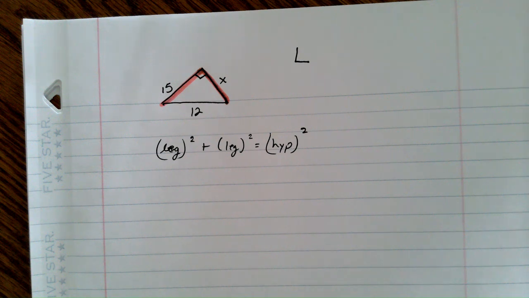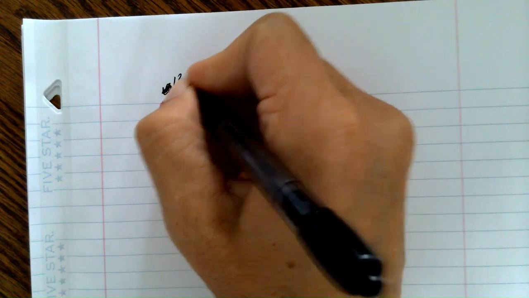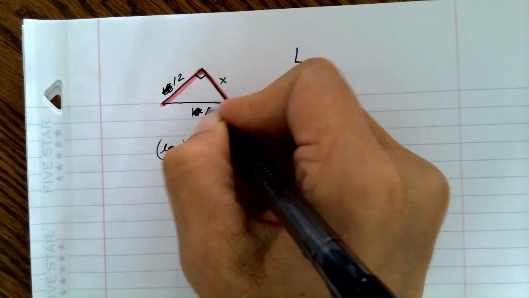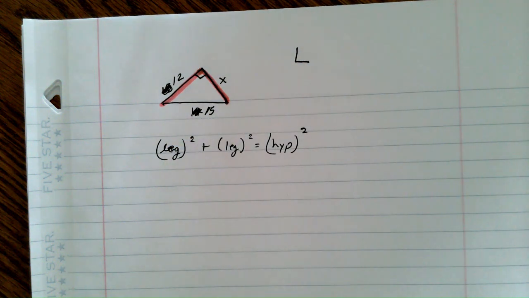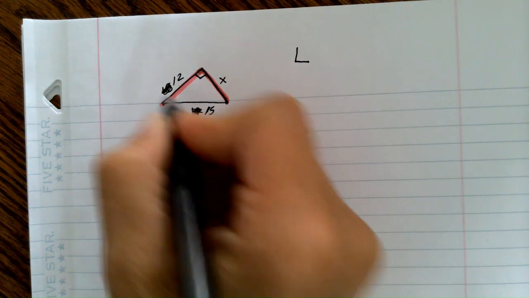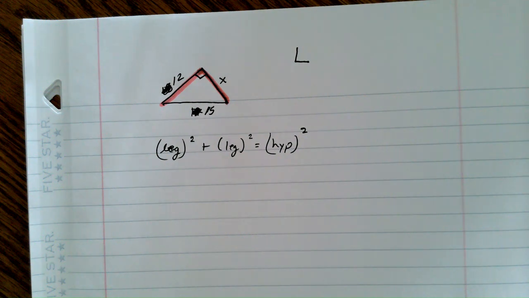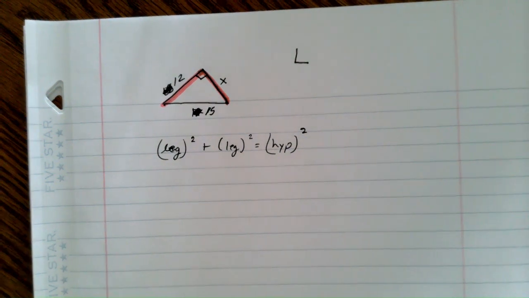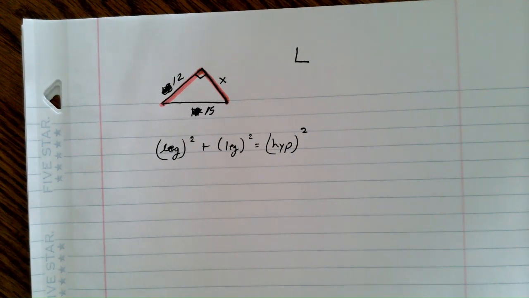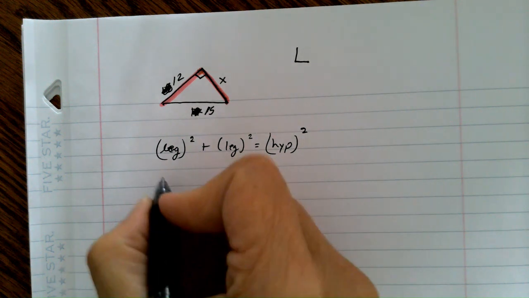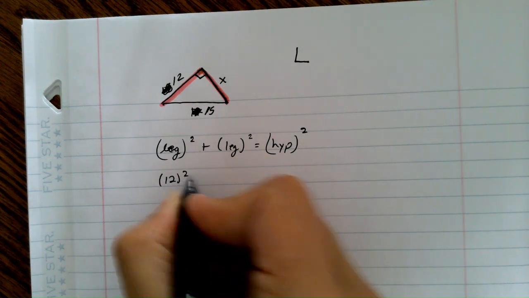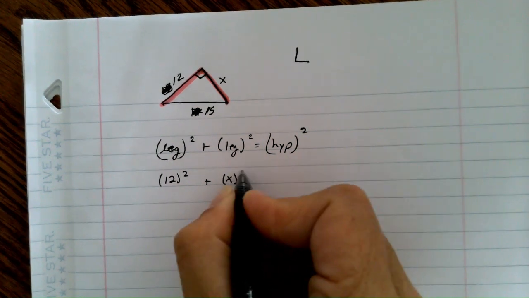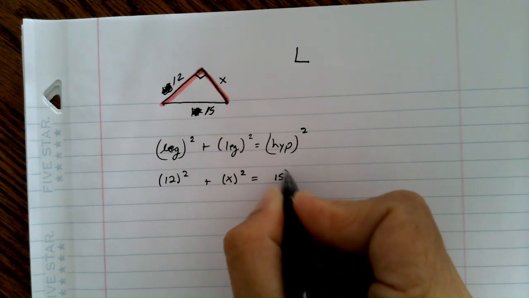So this should have been the 12, and this should have been the 15. The hypotenuse has to be the biggest side. If the hypotenuse is not the biggest side, you do not have a right triangle. So make sure you're labeling things correctly. Okay? So in this case, we have a leg, we have a leg, and we have a hypotenuse.